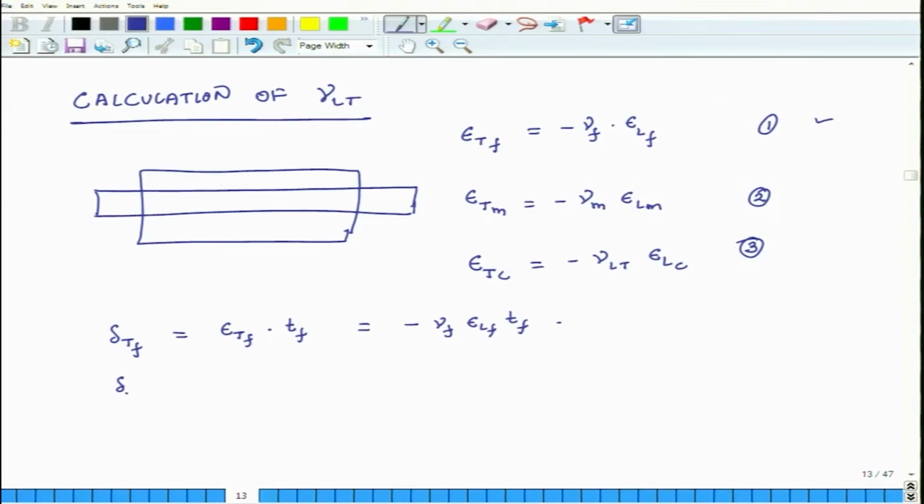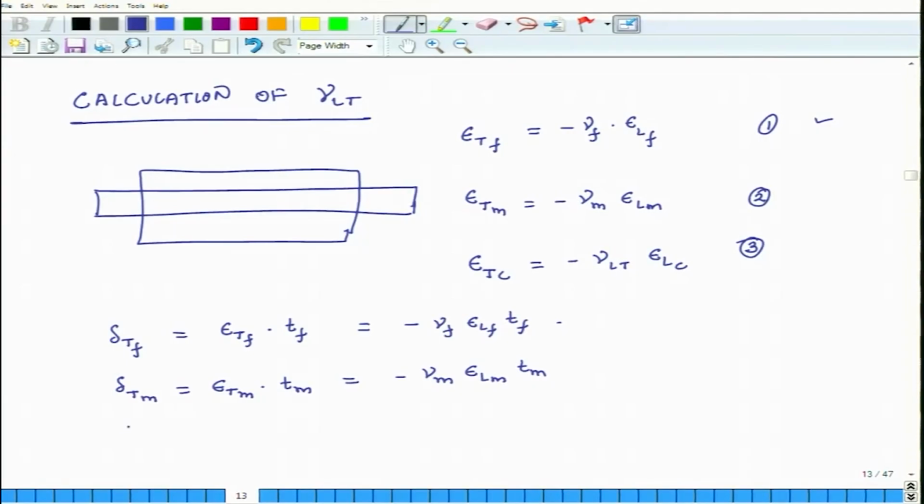Similarly, reduction in thickness of the matrix alone will be delta Tm is equal to epsilon Tm times Tm, equals minus Poisson's ratio of matrix material times longitudinal strain in matrix times the overall thickness of the matrix.